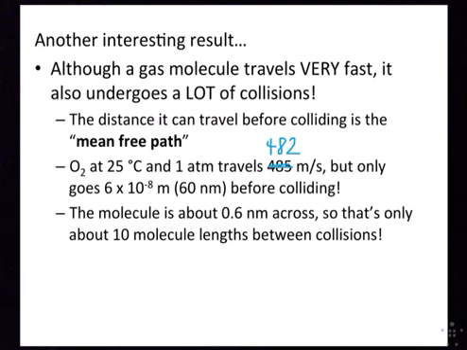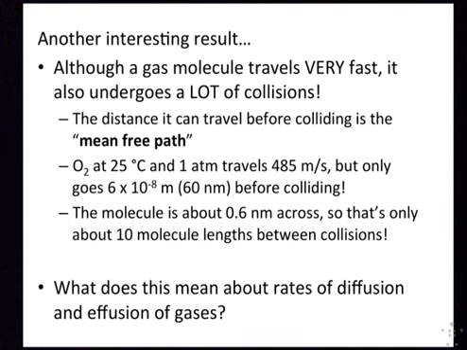But at 1 atmosphere of pressure, there are so many molecules there that it can only go 60 nanometers before it runs into another oxygen molecule. Remember that the sizes of atoms and small molecules is on the order of angstroms, tens of angstroms. So this is about 60 angstroms or 60 nanometers across an O2 molecule. So it can only go about 10 molecule lengths before it runs into another one. That's not very far between molecular collisions.